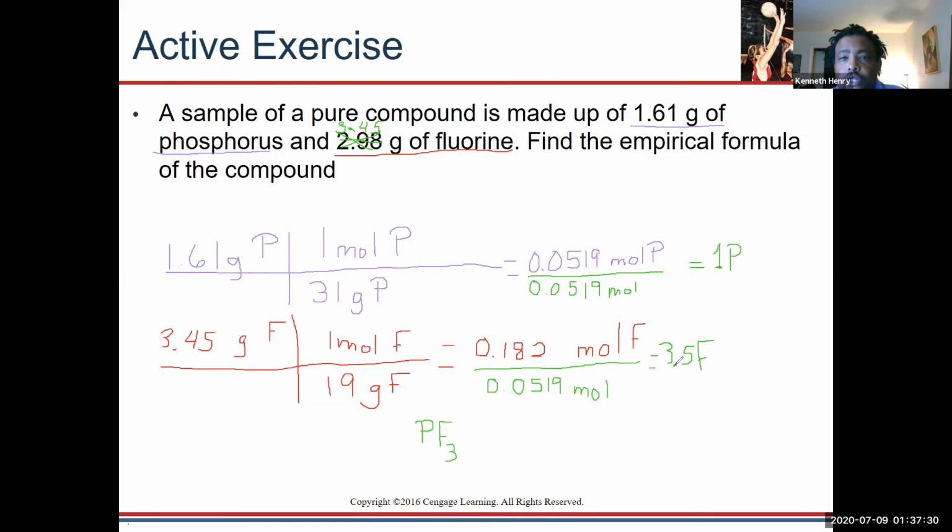So 3.5 times what is going to equal a whole number? Times 2. 3.5 times 2 is 7. Okay, so let's multiply it by 2. What we do to one, we have to do to the other. So we're going to multiply this guy by 2, and we're going to multiply this guy by 2. So this guy is going to be 2P.